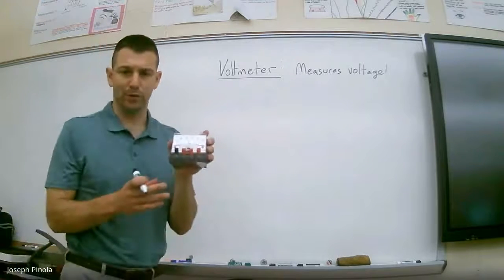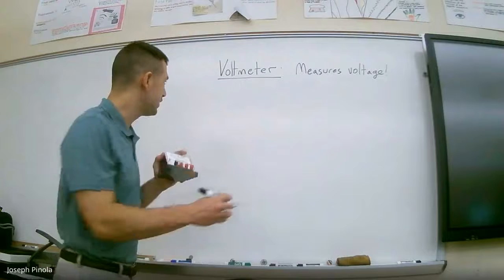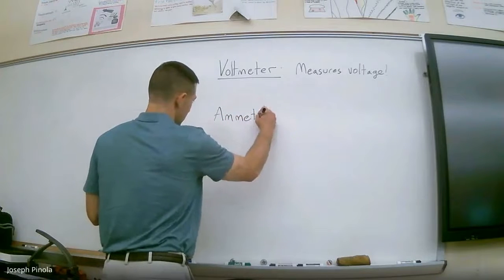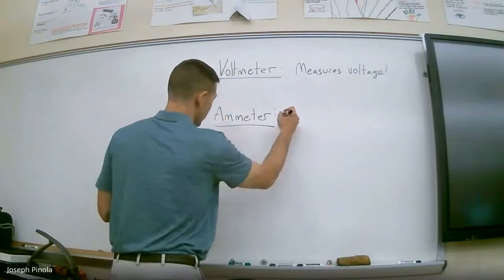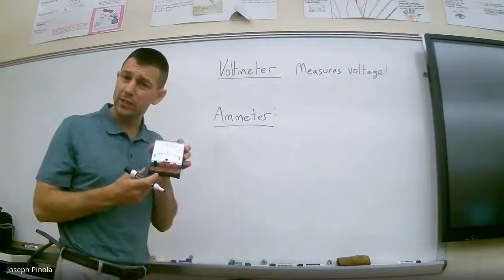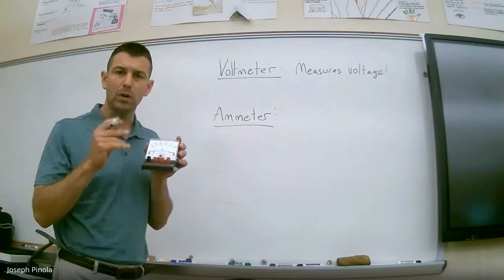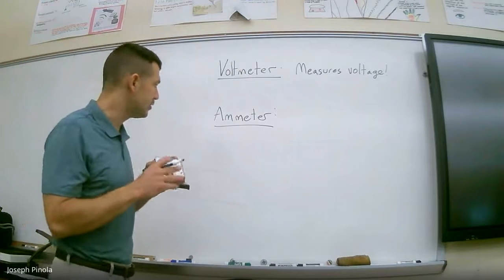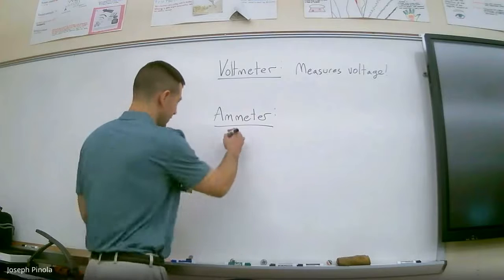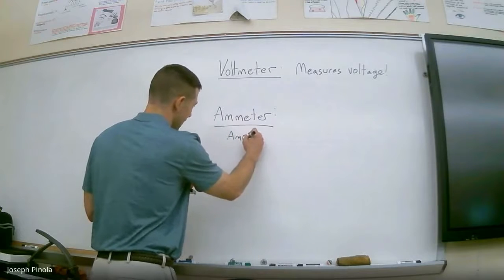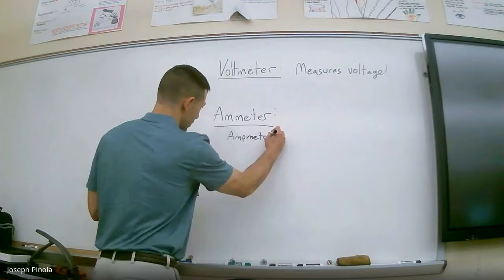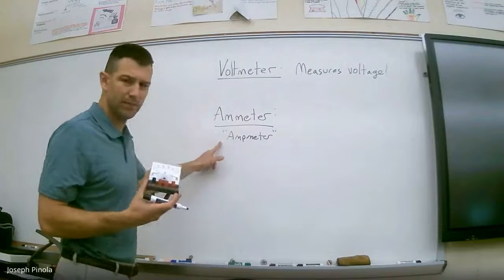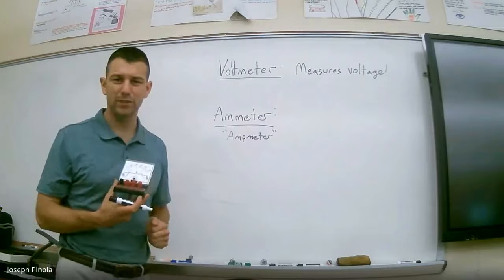But how about this tool? This tool we said was an ammeter. What do you think its job is? Well, this one might be a little bit tricky, but let me see if we can just change one letter for a second. If this was written as "ammeter" instead of "ammeter," would you now know what it's measuring?